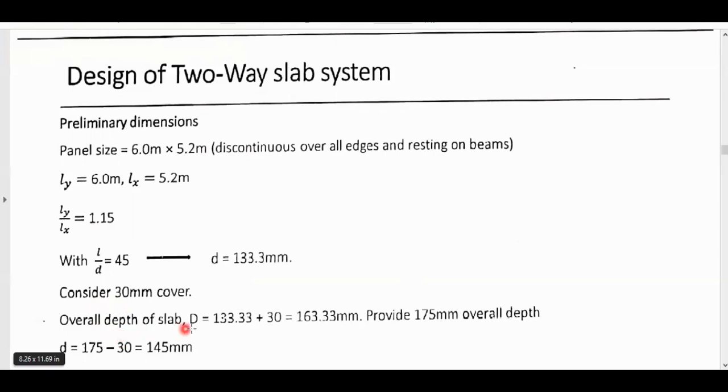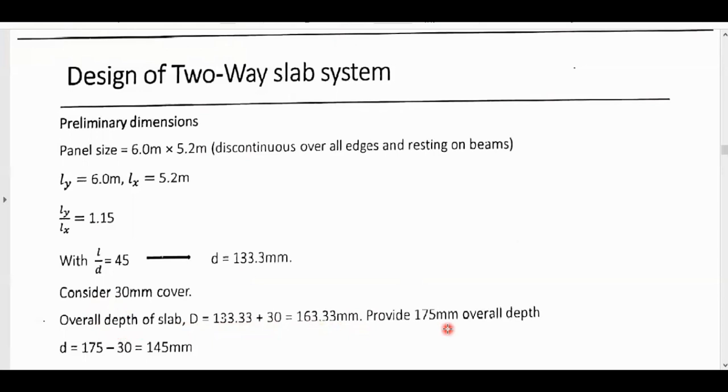So overall depth of the slab will be 133.33 plus 30 mm, that is 163.33 mm. So let's provide overall depth as 175 mm.